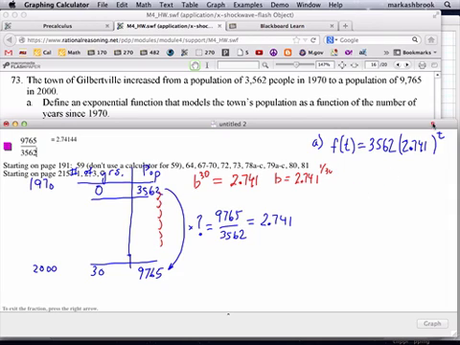So that's what I want here. Now I've got my 1 year growth factor in there, which corresponds to my 1 year unit. T is 1 year.